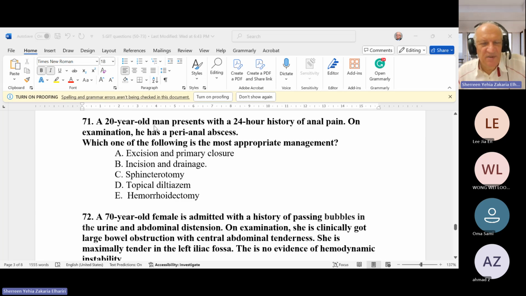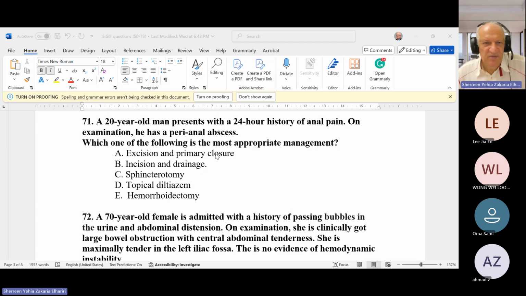A 20-year-old man presented with a 24-hour history of anal pain. On examination, he has a perianal abscess. Which of the following is the most appropriate management? So it is a straightforward question. Usually GIT questions are easy. This is an abscess, so incision and drainage.